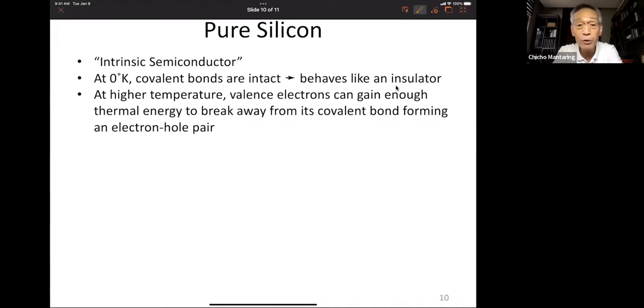But as you approach room temperature, some of your valence electrons will gain enough thermal energy from the environment to break away from their covalent bond and be promoted to the conduction band. And that is what now forms your electron-hole pair. So now you have two ways of conducting current, through your electron and through your hole.